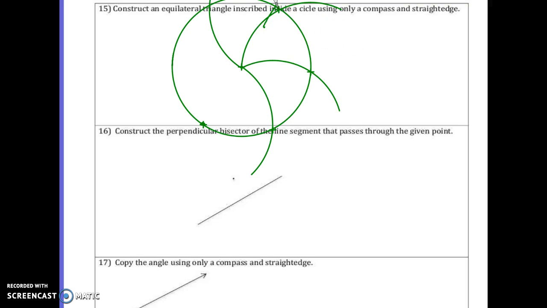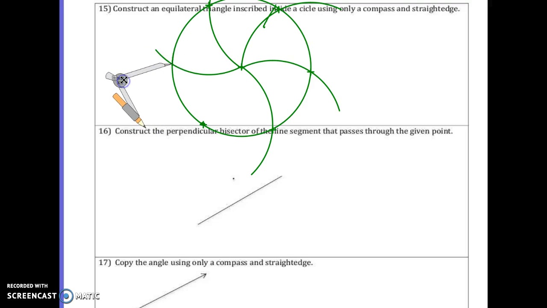Oops. Point, gotta drop it down. Point lined up, pencil in the center, and swing it through.